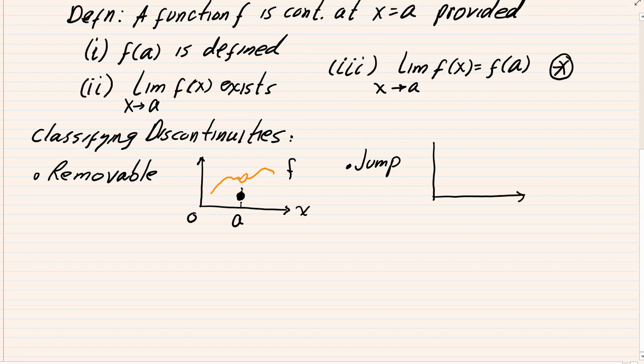Okay, so it would be something like this. Notice the right and left hand limits are different. So this is a case where the limit does not exist. Okay, so this is going to be the jump discontinuity.